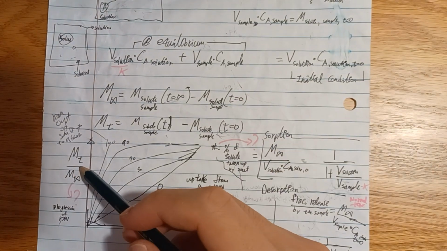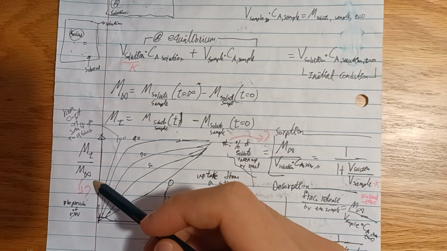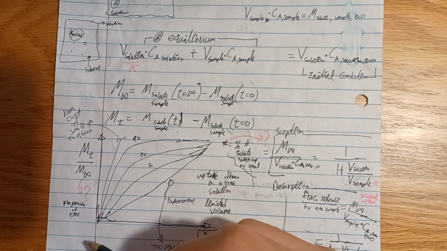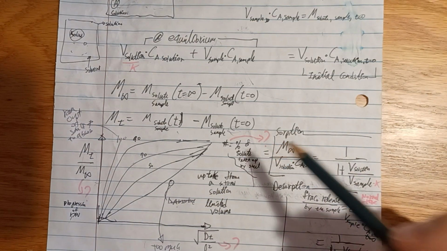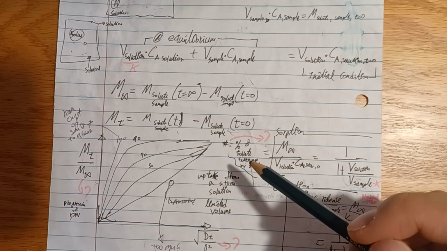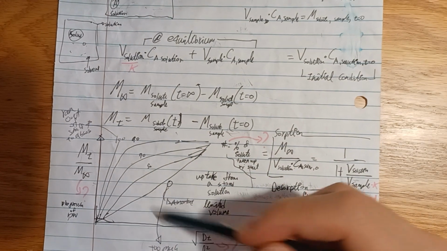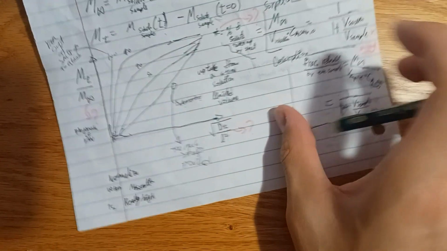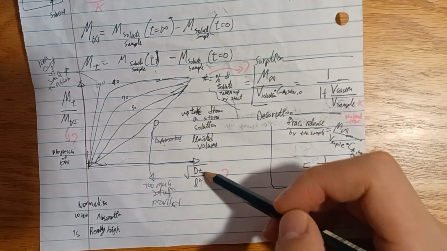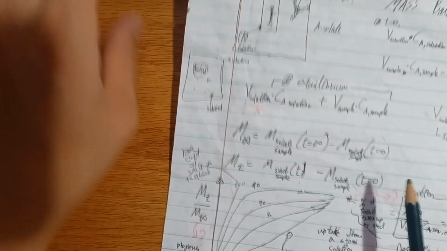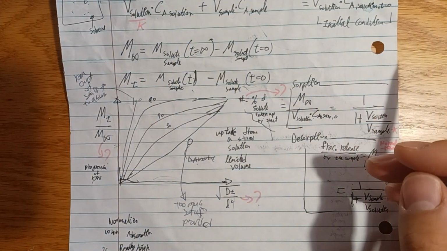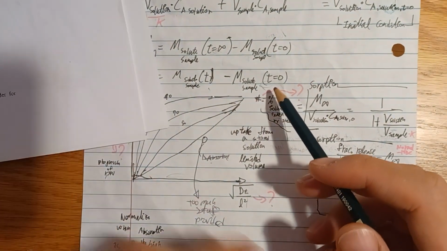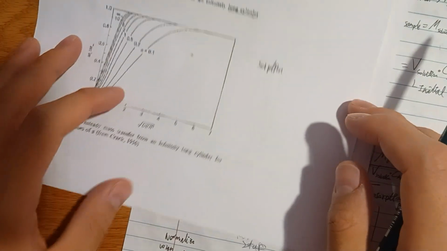And when we represent it as MT over M infinity, what that is really representing is the progression of reaction, how much reaction has occurred. And we can put that on the y-axis, and if you put the square root of Dt over L squared, we get a bunch of lines, kind of similar to this one.